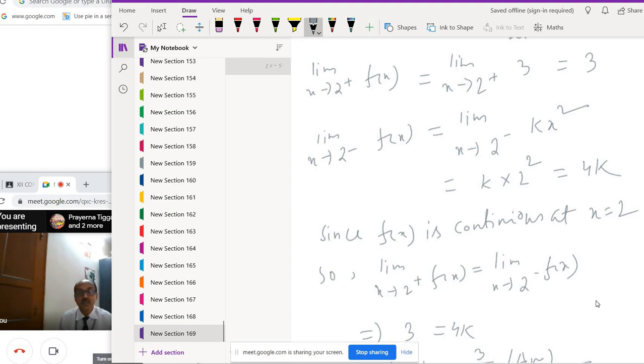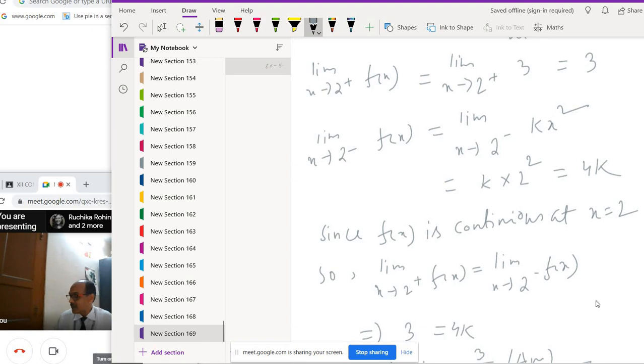Next question number 28. f(x) equal to kx plus 1 if x less than or equal to pi, and cos x if x greater than pi, at x equal to pi.